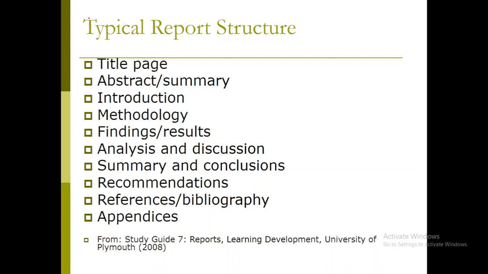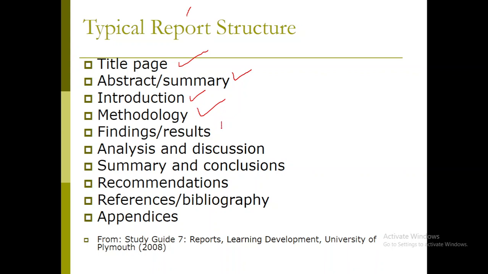Now this is the typical structure of a report, whether it is a scientific report or academic or lab report. First of all, you need to have the title page, then the abstract or the executive summary, then the introduction, then the methodology, experimental methodology or the research methodology.